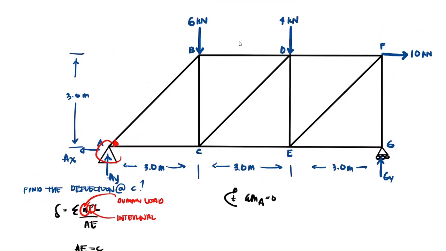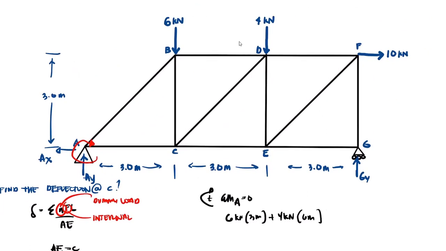We have 6 kilonewton times 3m. And then, positive 4 kilonewton 6m. And also, 10 kilonewton times 3m. And the negative GY, and that is 9m is equal to 0.